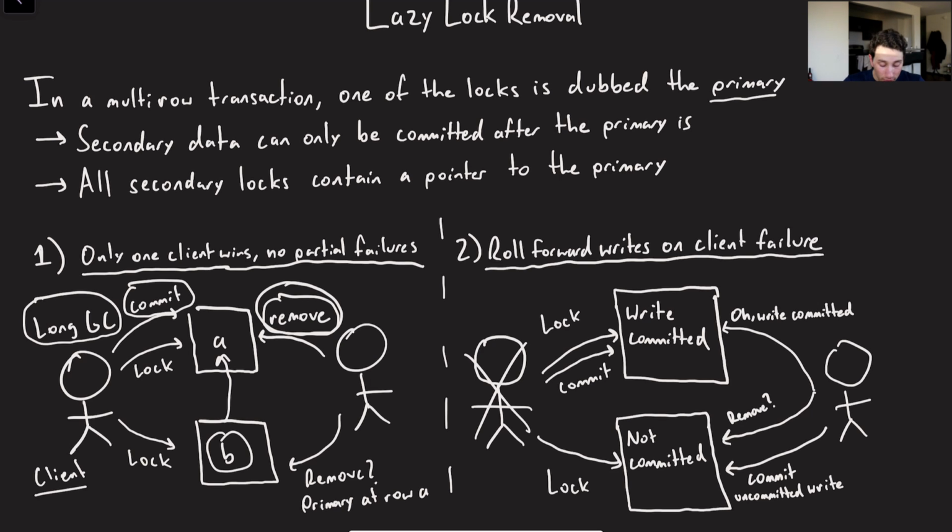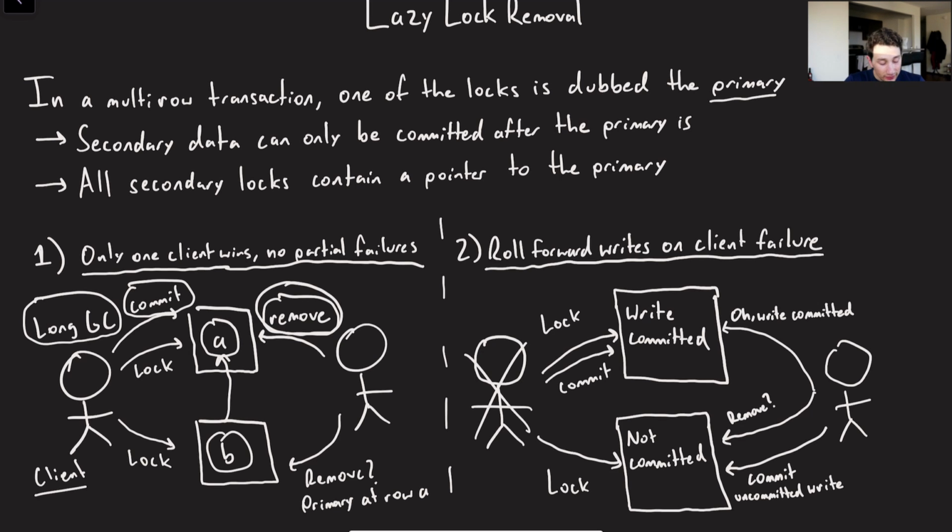And if it gets removed, it means that that transaction can't continue because remember, that has to be the first row that gets written in this 2-phase commit. So by basically synchronizing on this one single A lock, we guarantee that we can safely either remove a lock or commit the lock after any amount of time, which is really, really nice.